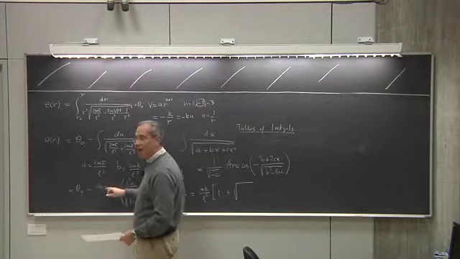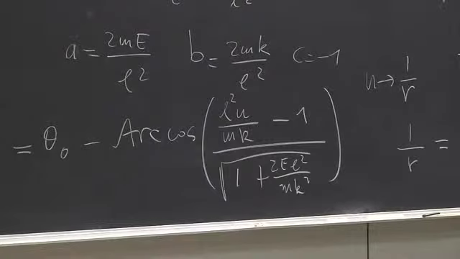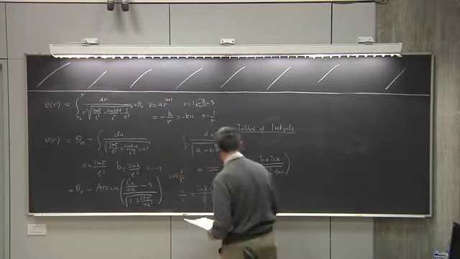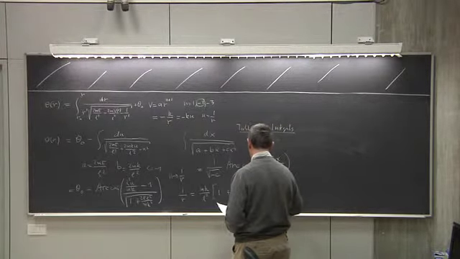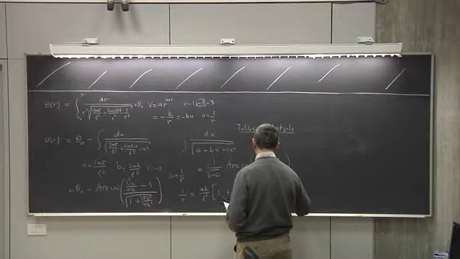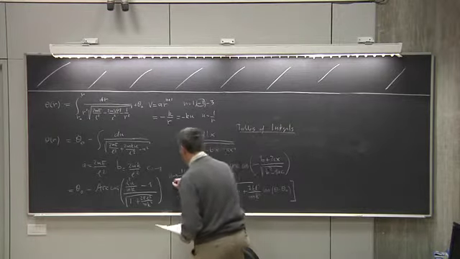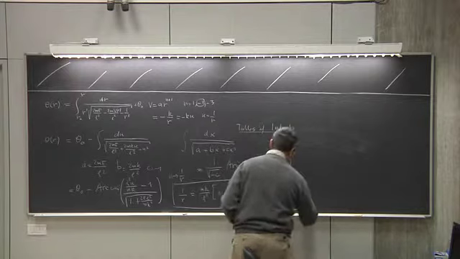The cosine of the arc cosine, by definition, is whatever you have inside. So whatever I have inside is this thing here. Here I have this interesting combination. I'll come back to this in a second. And as I said, I have cosine of theta naught. So this is the equation of the orbit for Kepler's problem.